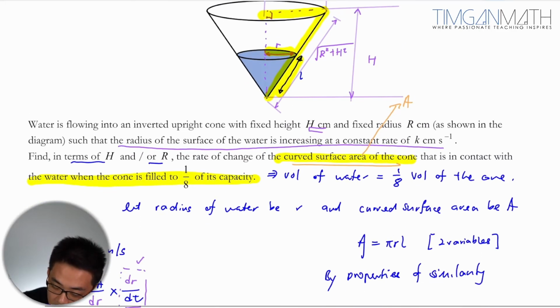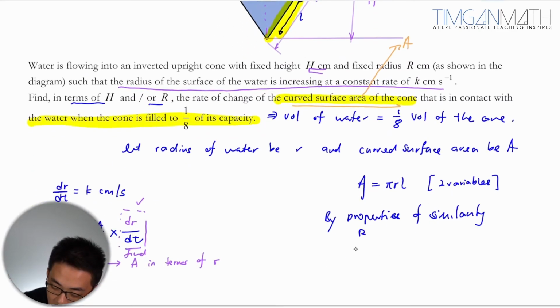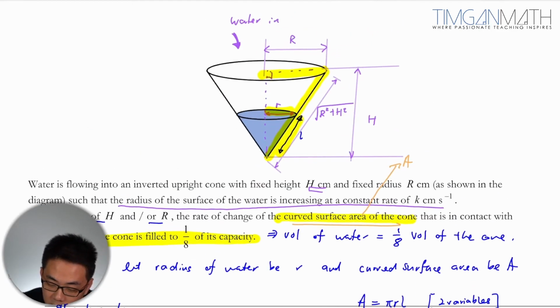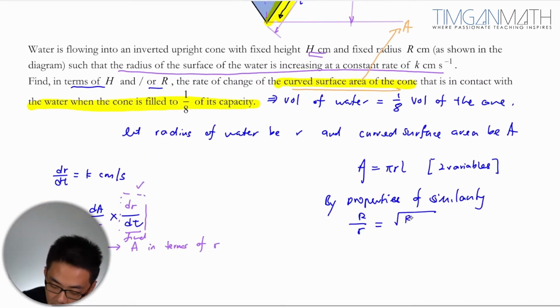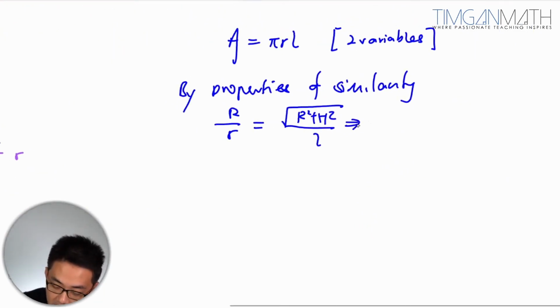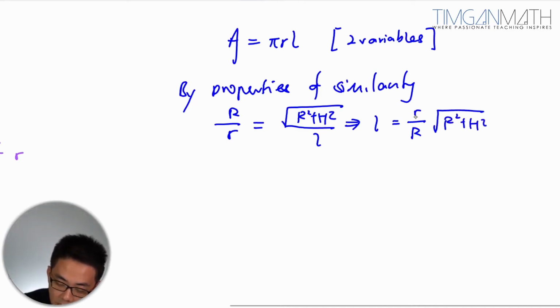we know that big R over small r corresponds to the slant height, square root of r squared plus h squared, over L. The reason is that if I can make L in terms of the other constants, I mean the one variable, then it will be great.